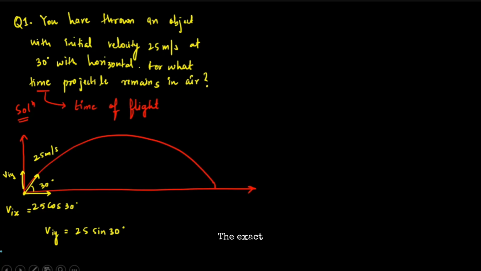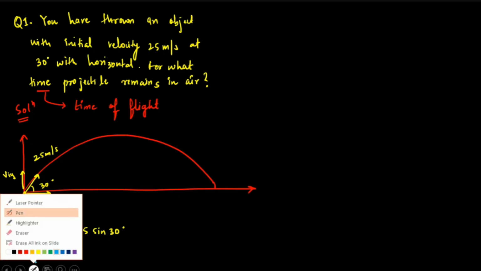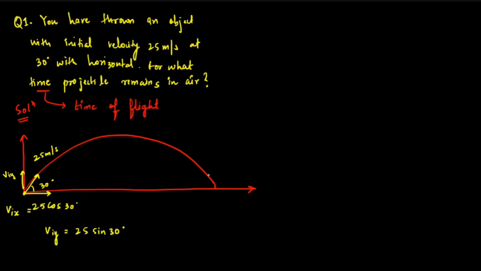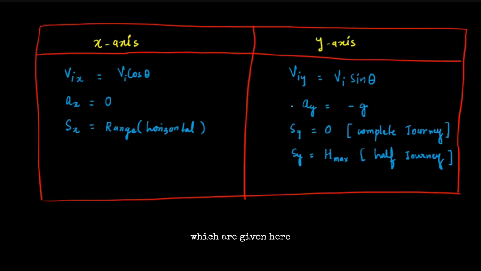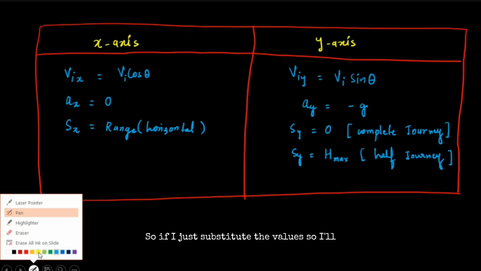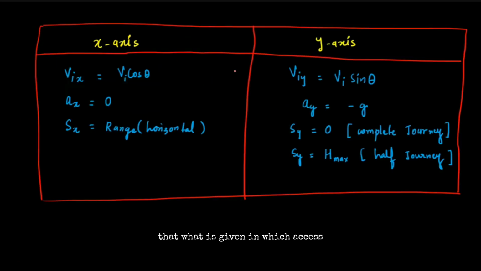Let me just give you the idea about it. These are the things which are given here. If I substitute the values, I'll be able to figure out what is given in which axis. I have given Vix, I have given Ax. I don't have displacement in the x-axis. I have Sy, I have Viy, I have Ay given here.